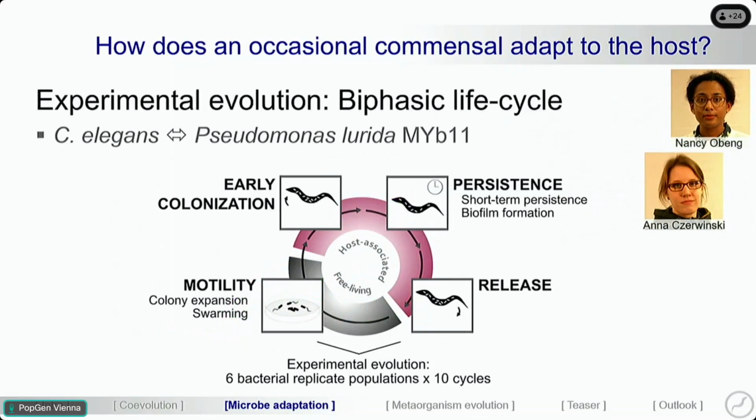So we assumed that this is a microbiome member that is not optimally adapted to C. elegans yet, but shows potential. And then we asked, how does it change if we force it into this biphasic life cycle where it needs to associate with C. elegans over time? We did that over 10 cycles in 6 replicate populations.